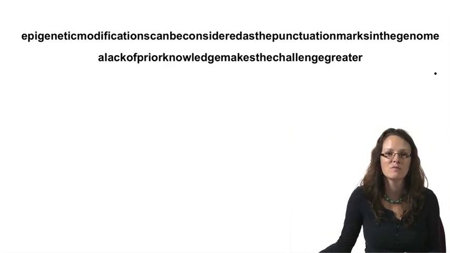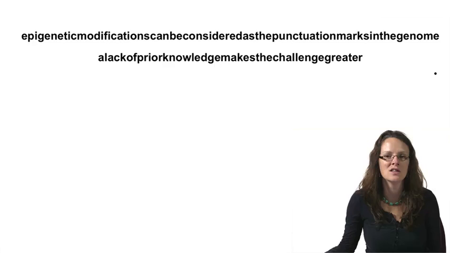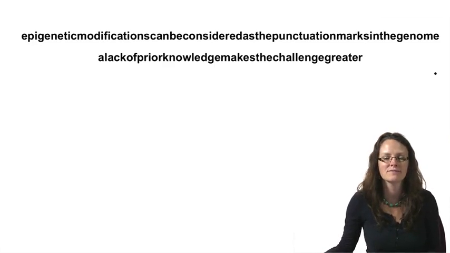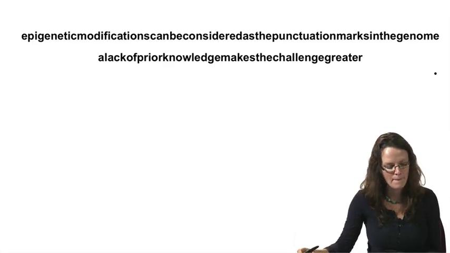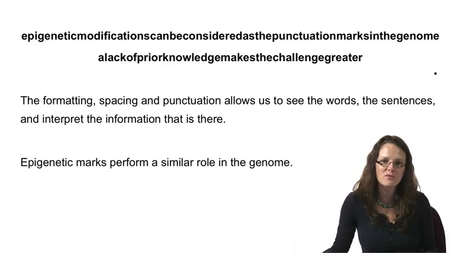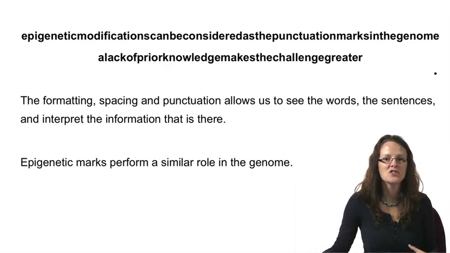We have billions of base pairs, so billions of bases rather than tens of letters that are shown here. This sentence just says, a lack of prior knowledge makes the challenge greater. So it's this formatting and spacing and the punctuation that really allows us to see each individual word that makes up a sentence and interpret the information that's there.